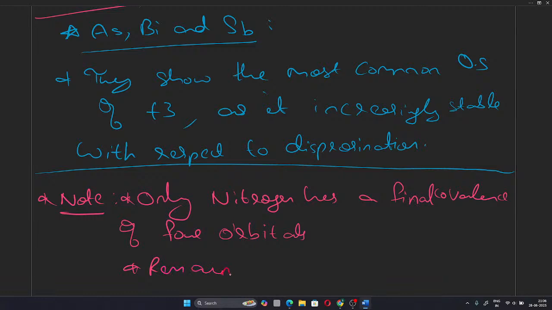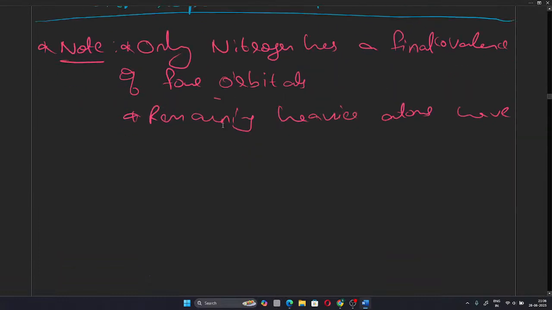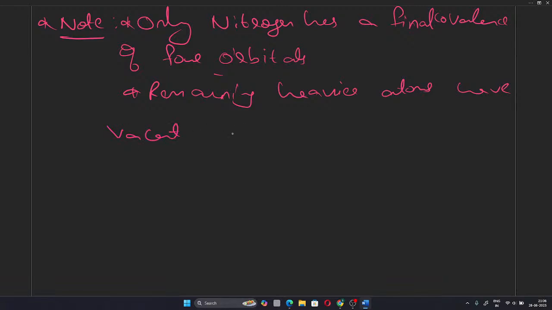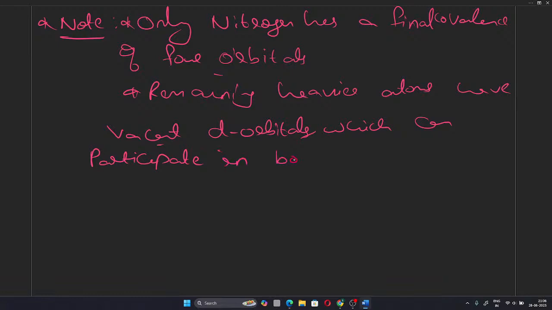The remaining heavier atoms have vacant d orbitals or other orbitals which can participate in bonding to increase the valence, thereby increasing the covalence.